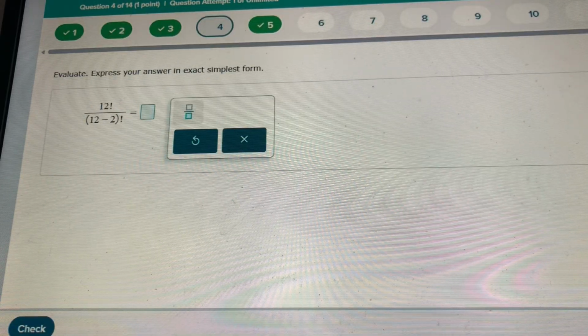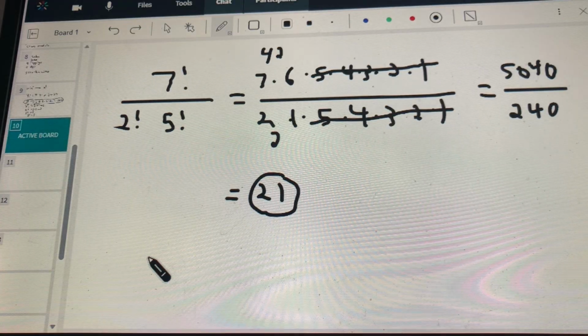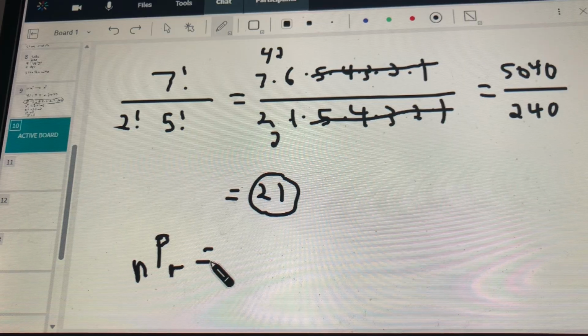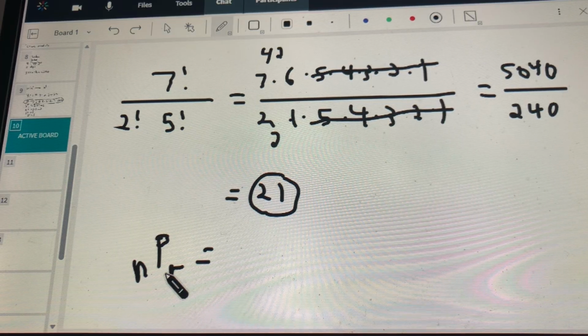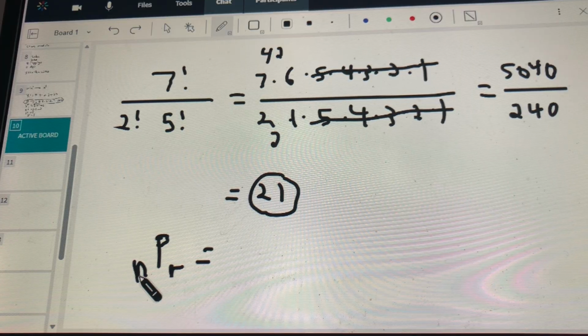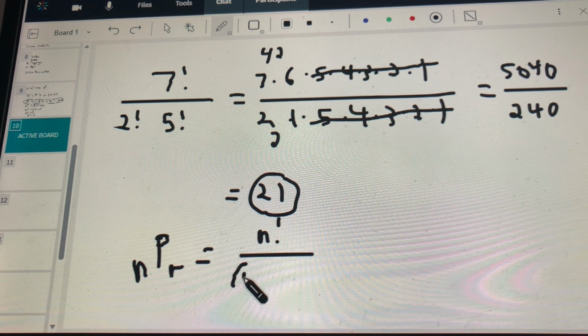So this is actually how permutations work by formula. N permutation R is the way we write this. If I want to choose R out of N objects, I want to choose 3 people out of 10 to be officers of a club where order matters. The formula is N factorial over the 2 things subtracted factorial.